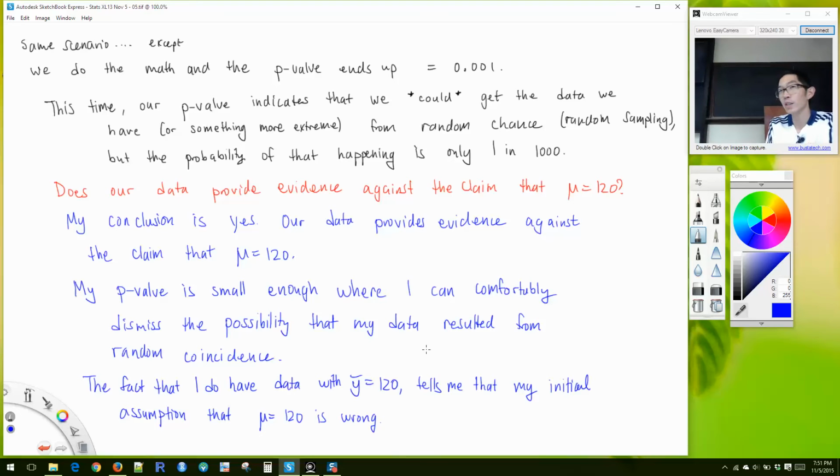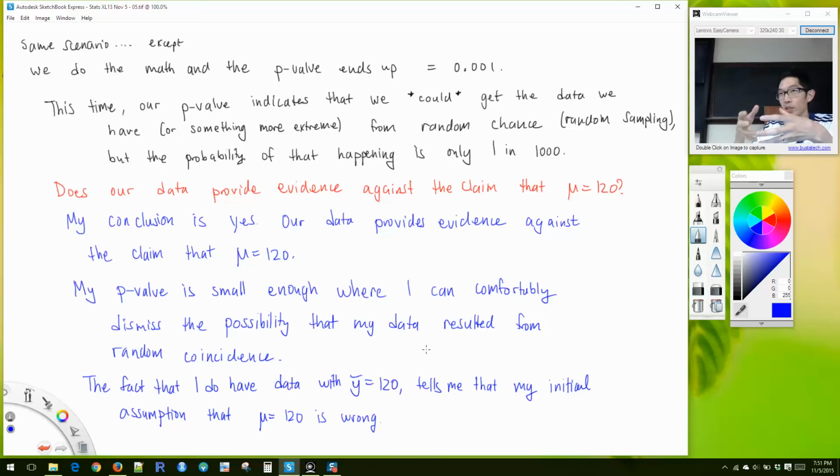And so this is the process of hypothesis testing. We start off with some kind of premise. We take our data and we say, hey, I have this data. Could the data I have have resulted from random chance under the assumption of the null hypothesis?